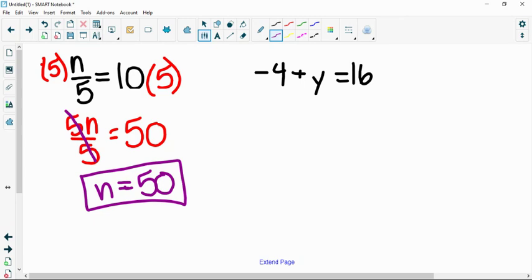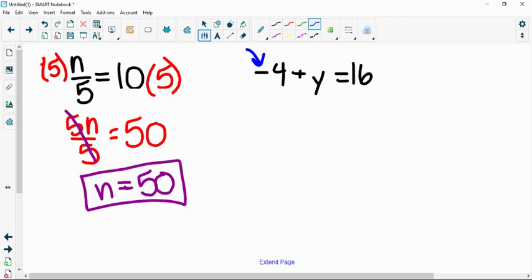In our second example, it says negative 4 plus y. Now, whenever we have something being added or subtracted from our variable, we know we have to use addition or subtraction. The key is this symbol in front of that constant number.